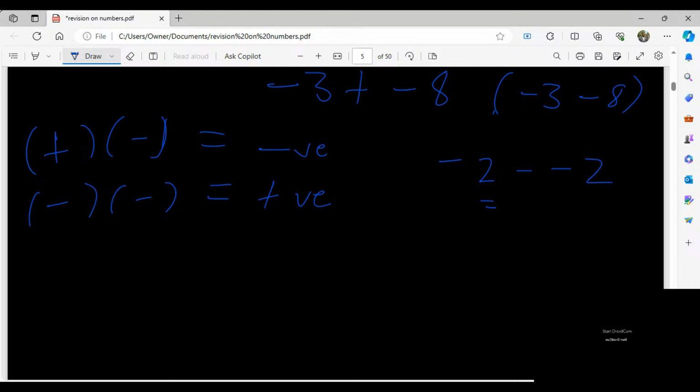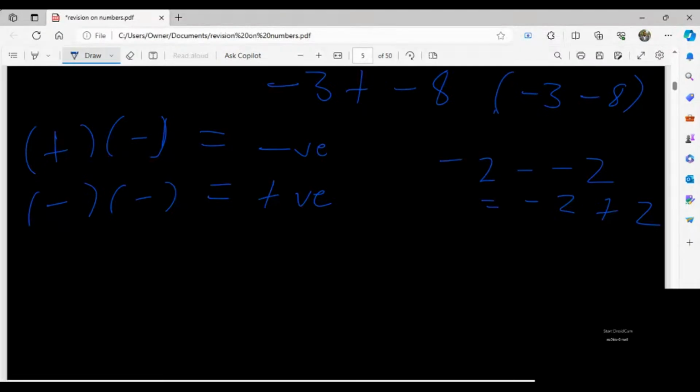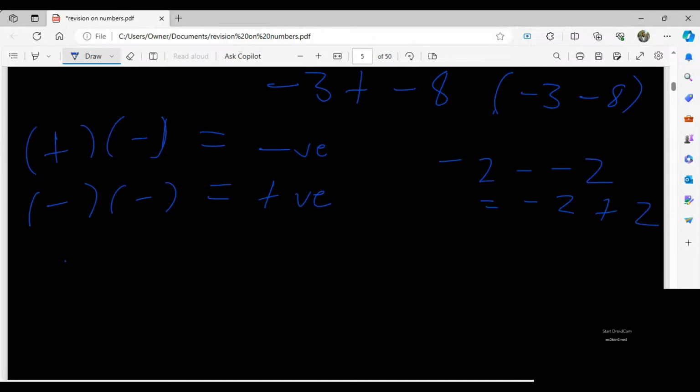This would be the same as saying minus 2 plus 2. If you have minus and plus, it will be the same as this one. And if you have plus and plus, it will just be positive. If we write it like this, it will give you again another negative. And if you have a positive and a positive, this would give you a positive.